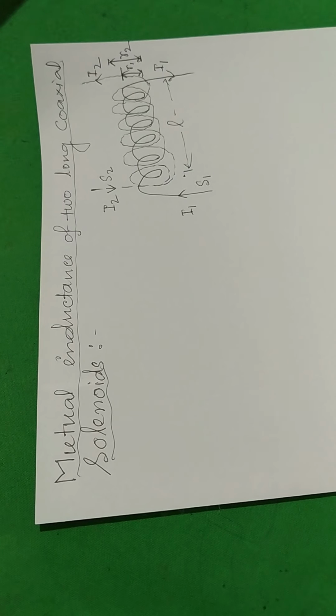What is mutual induction? It is the phenomenon of production of induced EMF in one coil due to a change of current in the neighboring coil. It is defined as the magnetic flux linked with the secondary coil due to the flow of unit current in the primary coil.